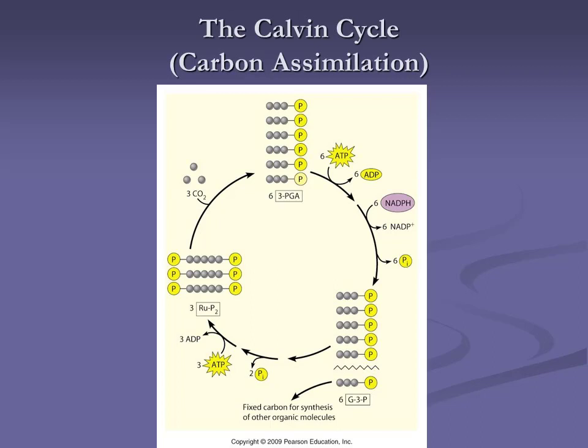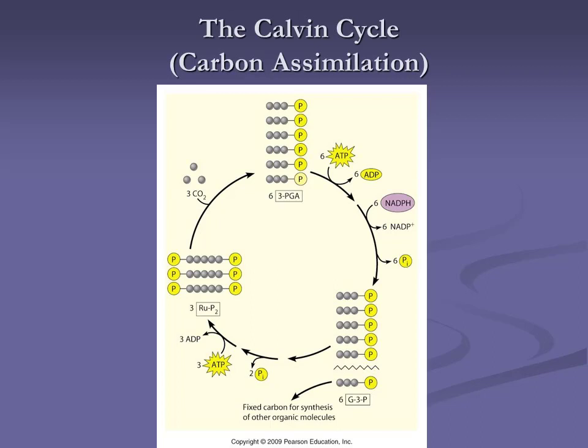And these 3 molecules, notice 1, 2, 3, 4, 5 carbons. So we have 15 carbons here altogether. We're going to combine them with our 3 CO2s, 18 carbons we're going to have to play with.